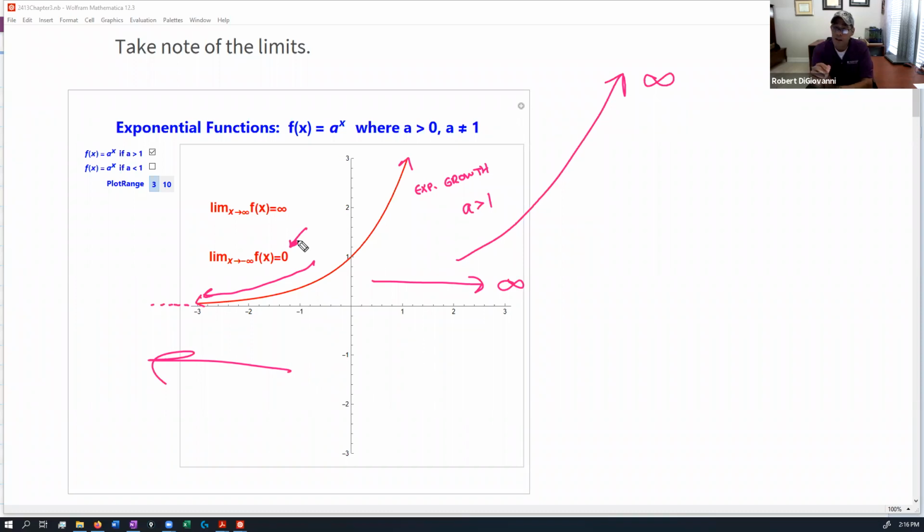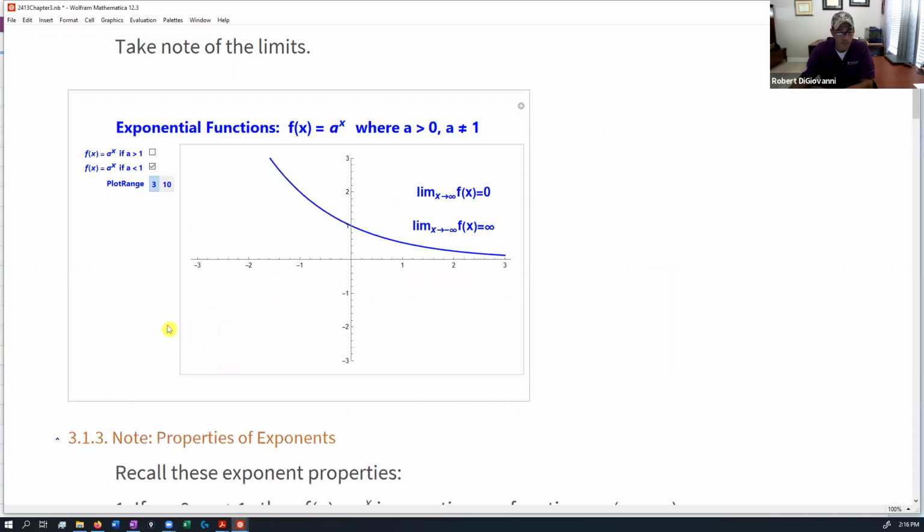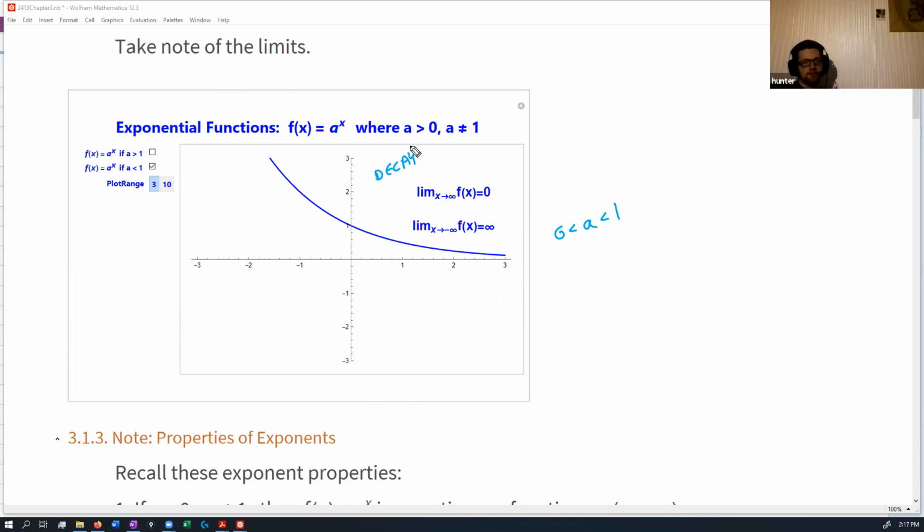Now, if you have exponential decay, it's the other way around. It looks like this. And this happens whenever the a is what? Not bigger than 1, but what? Less than 1. The a has to be between 0 and 1 for you to have exponential decay.